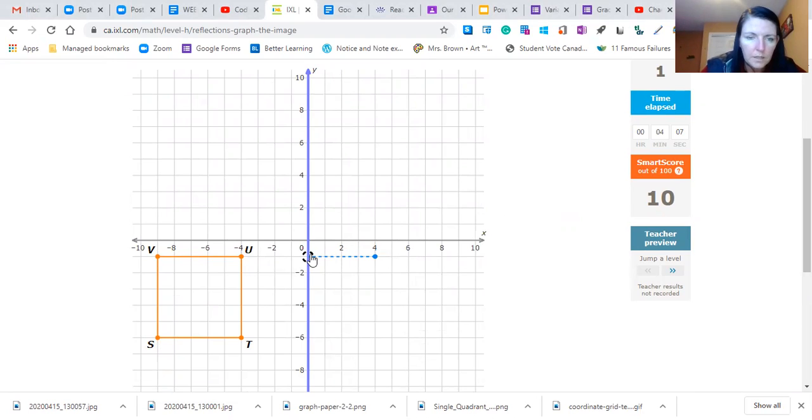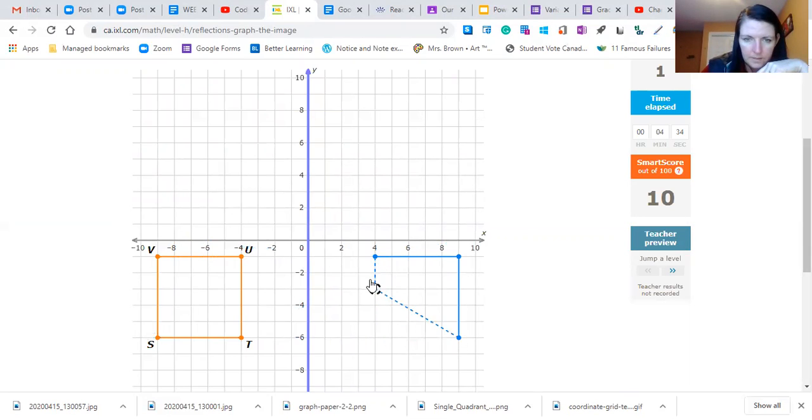For V, we went 1, 2, 3, 4, 5, 6, 7, 8, and 9. You can see there on your point there, the ordered pair for that is -9 and -1. So we can go to +9 and -1, right? Same with S. You can see we're going straight down up until the -6 line because that's where it is.